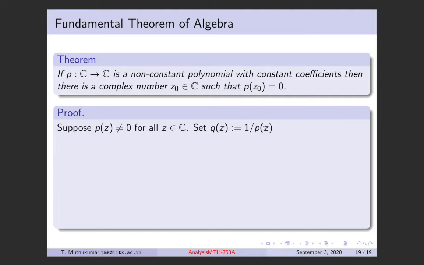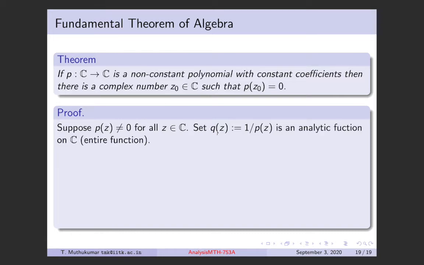You see p(z) is a polynomial and it's a holomorphic function, and if it's not 0 at any point of the complex plane, then q is also a holomorphic function. There is no singularity or pole or anything here because p is non-zero. So q is also an analytic, I mean a holomorphic function. Same as I'll be saying analytic.